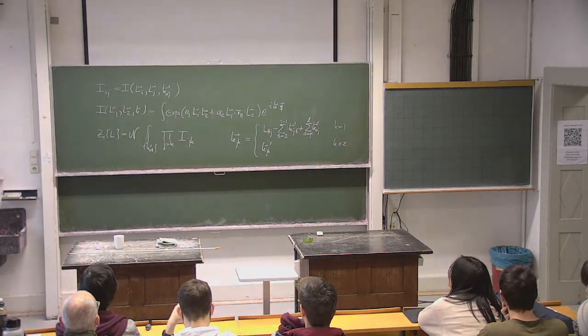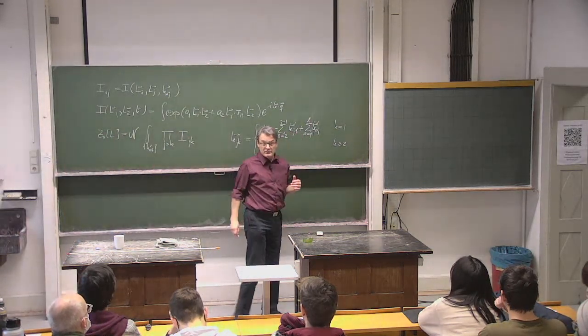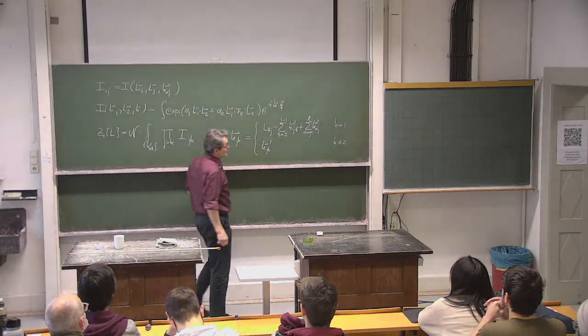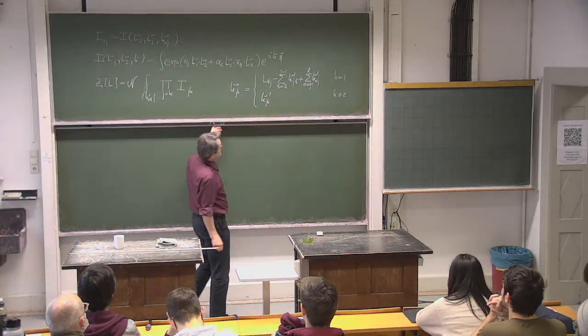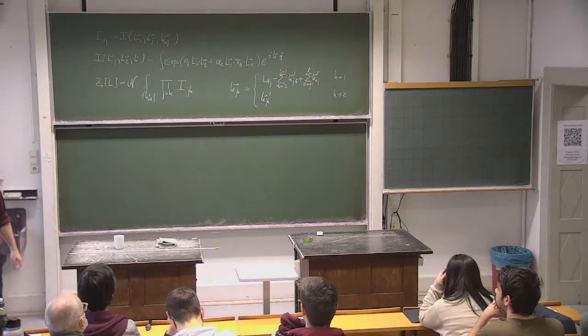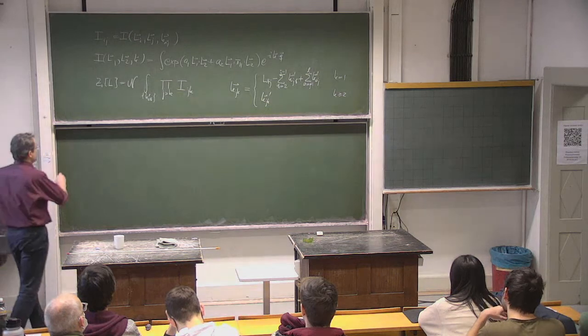Okay, and I told you last time that, of course, this becomes transparent only once you look at specific examples. So, of course, the simplest example is now L equals 3, because for L equals 2, you do not have any auxiliary wave vectors.